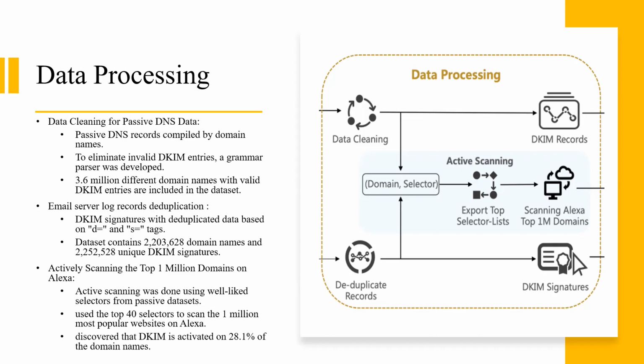This data set contains around 2,220,362 domain names, and in it 2,252,528 unique DKIM signatures were present.